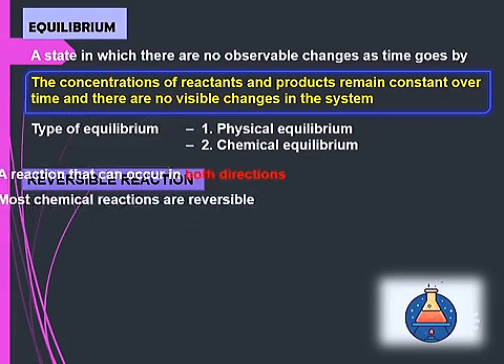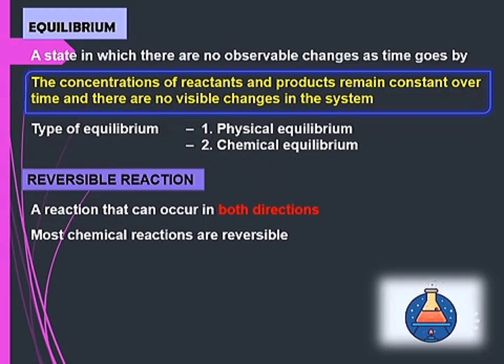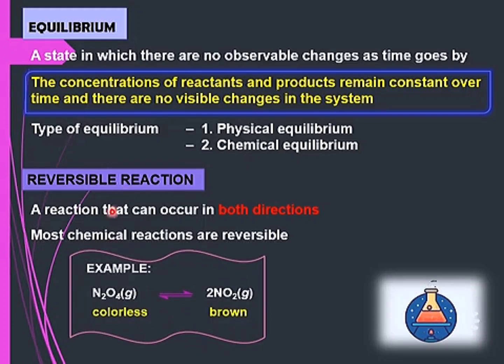But now you are going to learn this subtopic and the equation should be in both direction like this. Okay, for example, you have here N2O4 gas produce 2NO2 gas. So look at the arrow here. So arrow yang kita guna dekat sini adalah reversible arrow, di mana reactant boleh produce jadi product and the product boleh come back become a reactant. See? So this is what we call as reversible reaction.